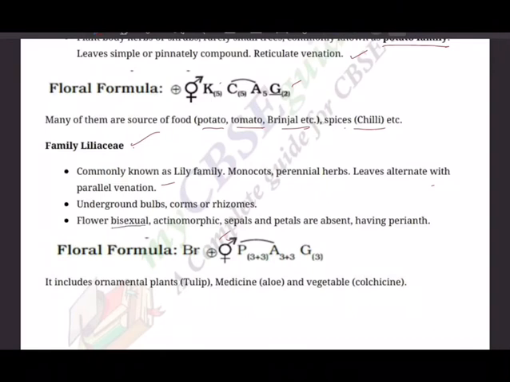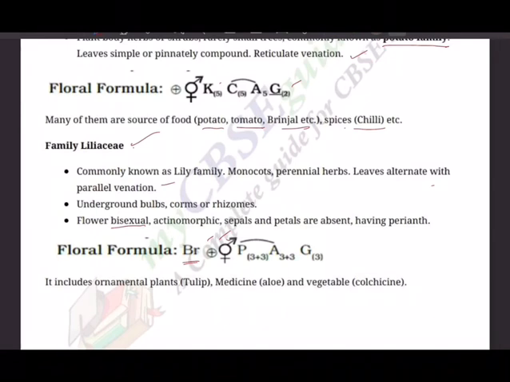Then when we are writing this plus 0 with plus, actinomorphic flower, zygomorphic flower, remember. And when we are writing BR, just now we said bracts are present, so bracteate. And sepals and petals are not distinct, they are fused together forming tepals. So sepals and petals equal the tepals.